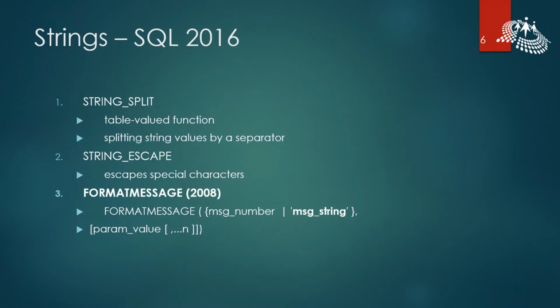For example, if you are a developer, then maybe you like to use something in C#, for example string.Format, and then you can use FORMATMESSAGE, and you will have almost the same thing as using string.Format in C#.